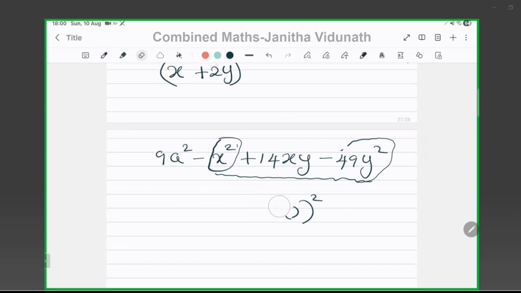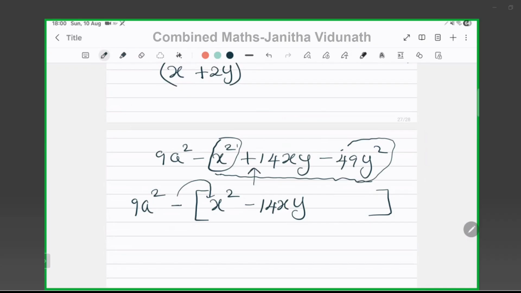But when factoring, normally if there are minus signs, we keep those minus signs out of the bracket. Like here we have 9a square, and from this we can take minus out of the bracket. Then the first term we can think of is x square, and if we remove the bracket, we get minus x square. And the second term we think of as minus 14xy; if we remove this bracket, we get plus 14xy.